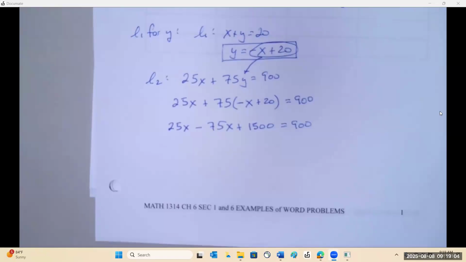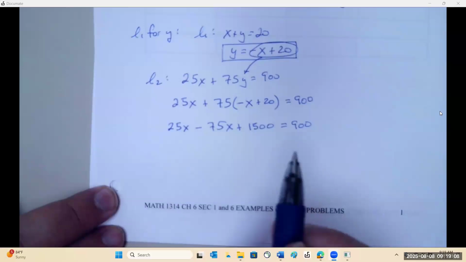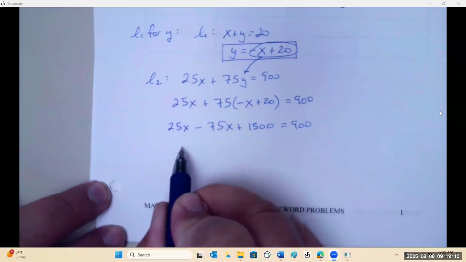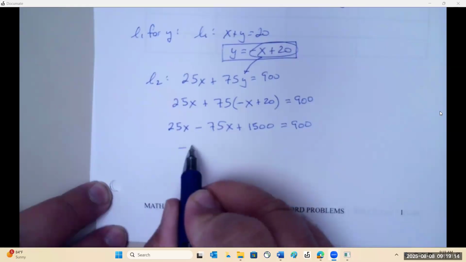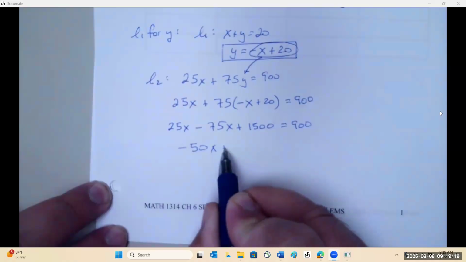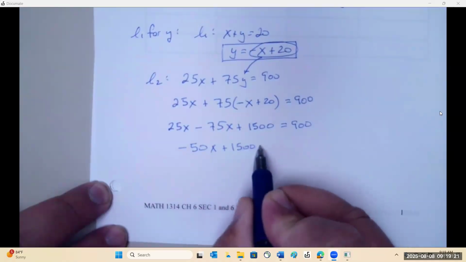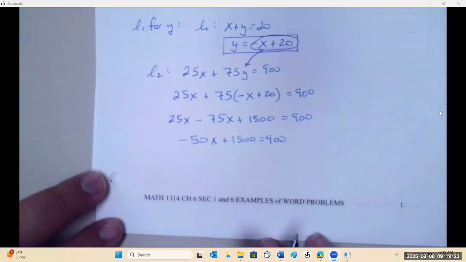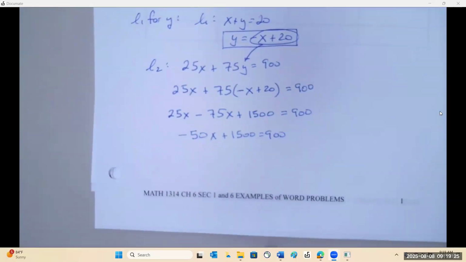Now what? Combine like terms. 25 minus 75 is positive or negative? 75 minus 25 is? To get x by itself, we have to get rid of what?